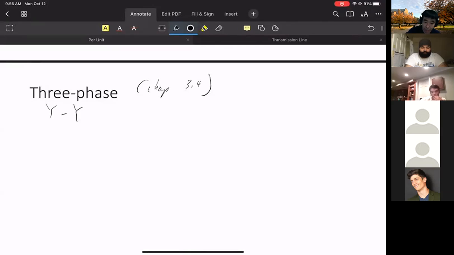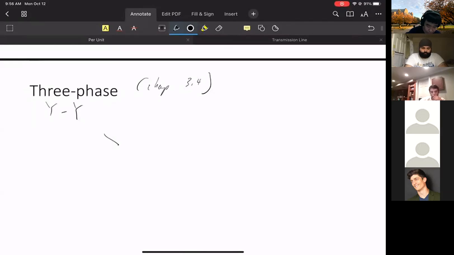Y to Y is this one side of Y connection, and the primary and the secondary are connected the same. So this is a Y-Y connection.